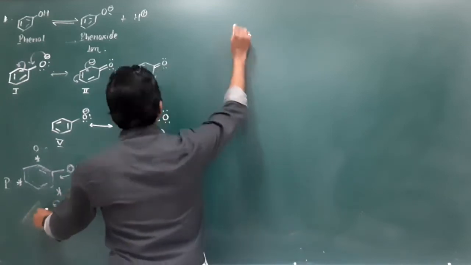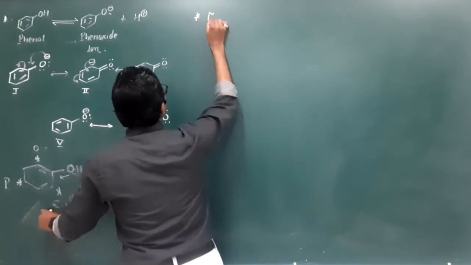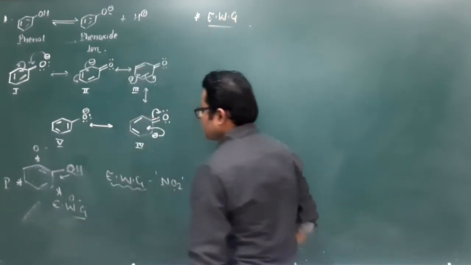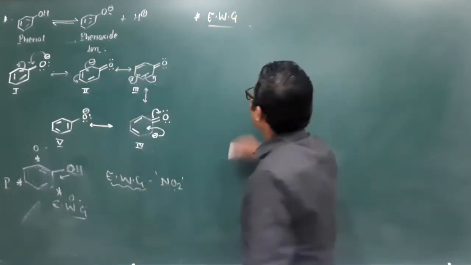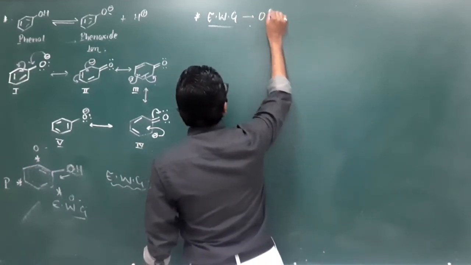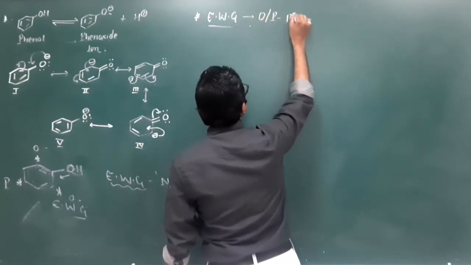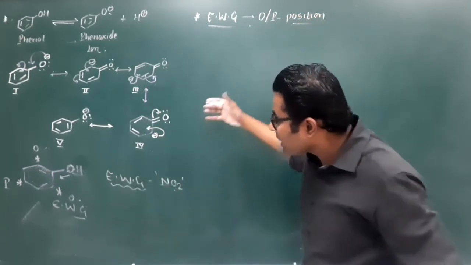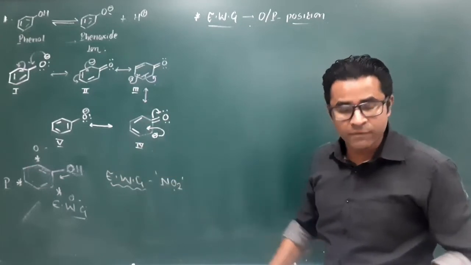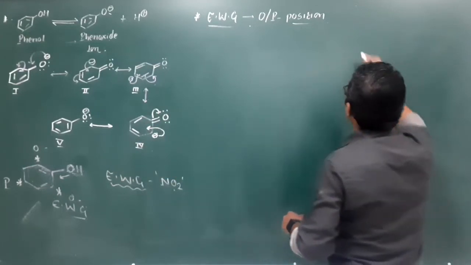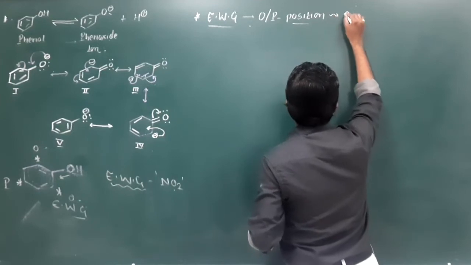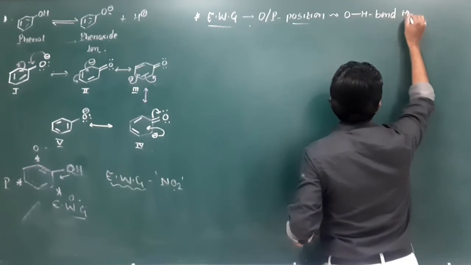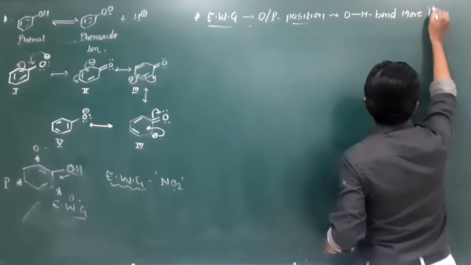So, if we have any electron withdrawing group attached at the ortho or para positions, it will take away the electron density from the aromatic system, thereby making the OH bond more polarized in nature.